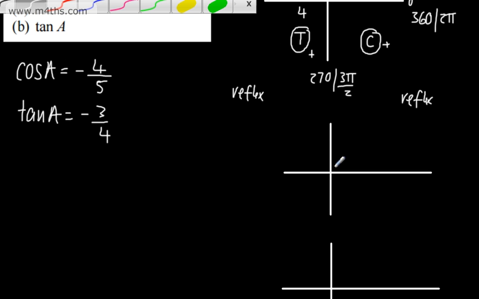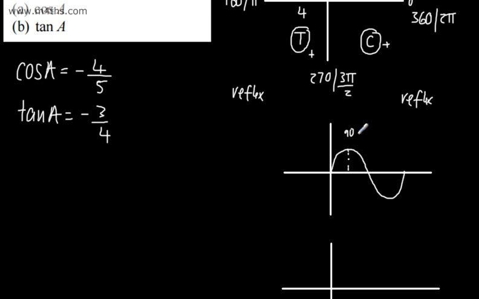If I draw y equals sine x, we start at 0, come round, back to 180, round like so. This is 0 to 90, so this is the point 90. We can see that it's positive here and positive here. It's above the line. So this is y equals sine x.